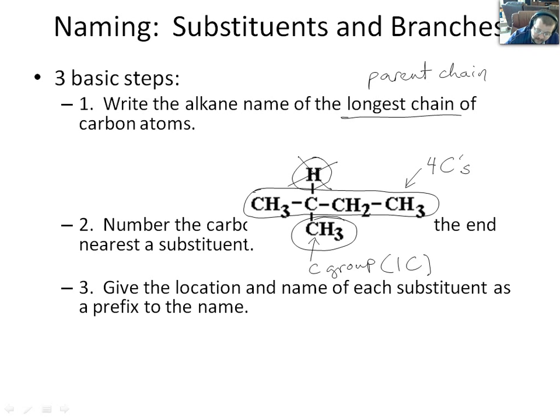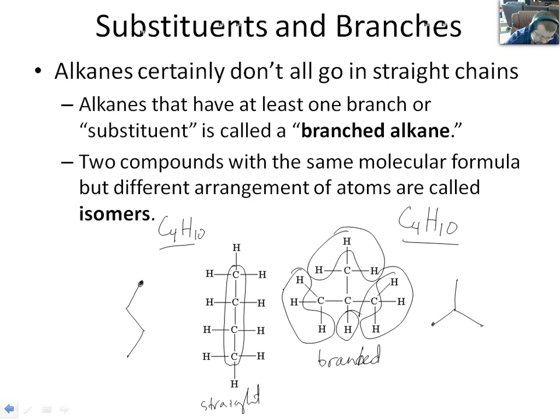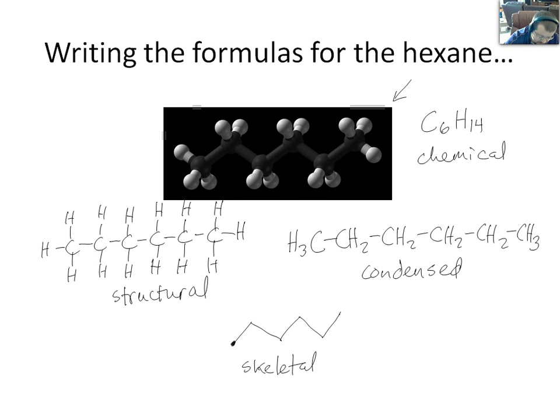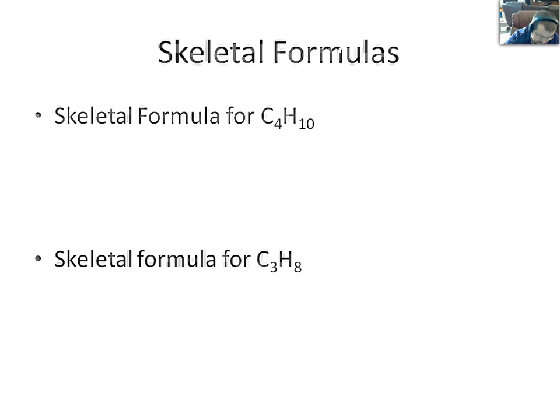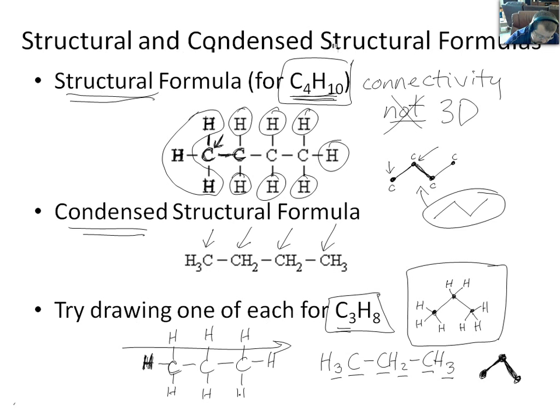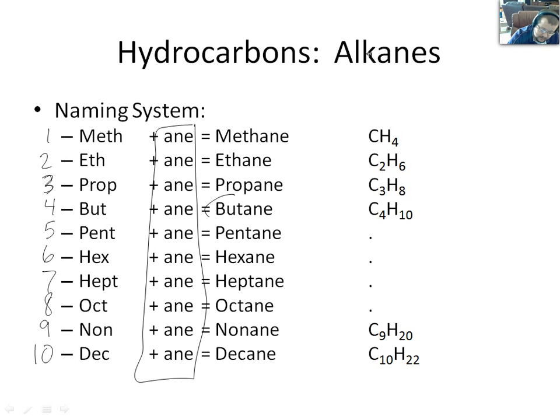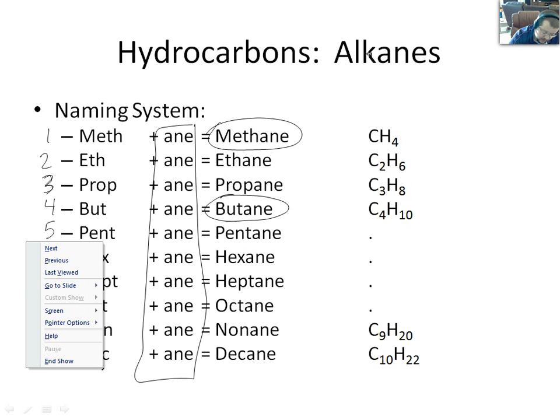So let's look up our prefixes for 1 carbon and for 4 carbons. Going back to our list of prefixes, 4 is going to be but, 1 is going to be meth. So, we've got meth for 1 and but for 4.